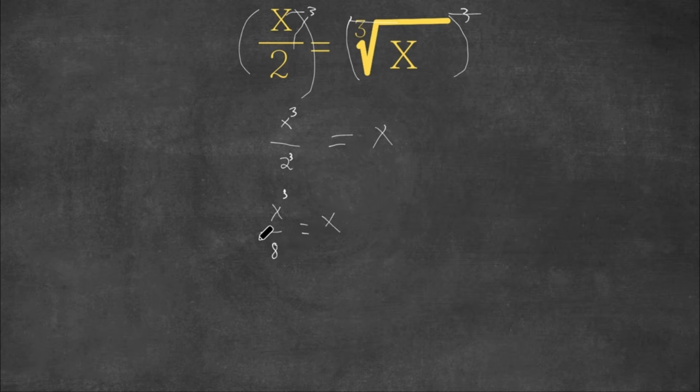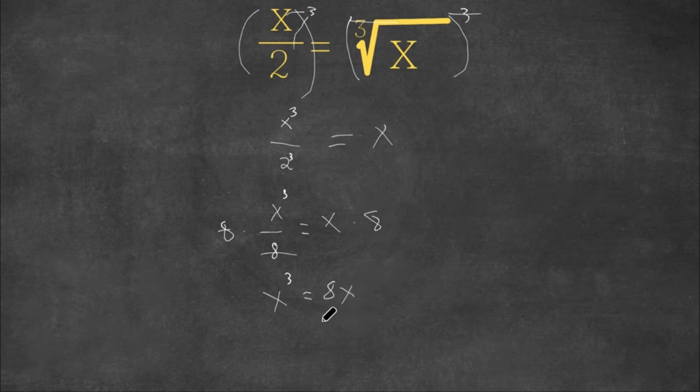Now we're going to multiply by 8 on both sides. So these two cancel out. On this side, we have x to the power of 3, and this equals x times 8, which is simply 8x.